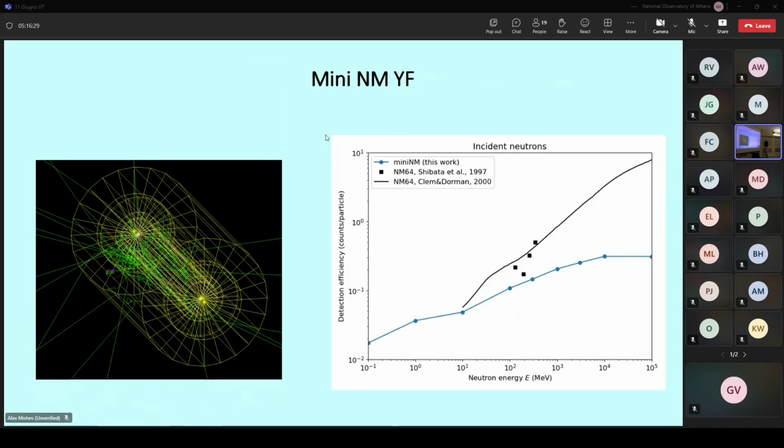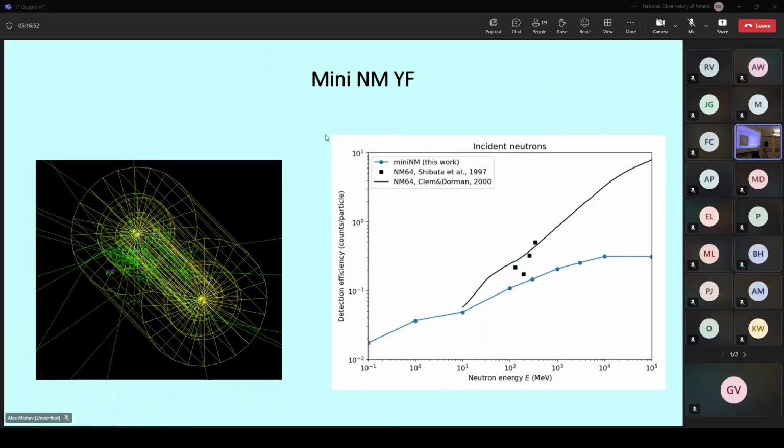As already said, there is a mini neutron monitor, and here we compute the registration efficiency for the standard and mini neutron monitor, and also compare with Shibata-san. You can see that there is good agreement for the NM64 with Shibata-san's previous computations.